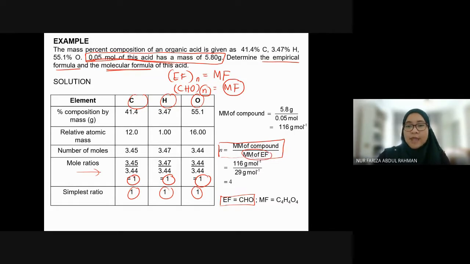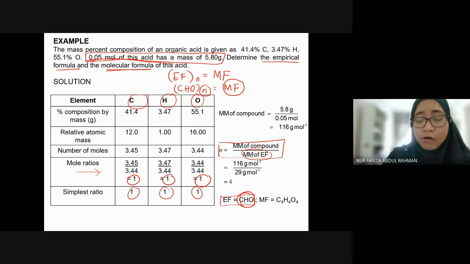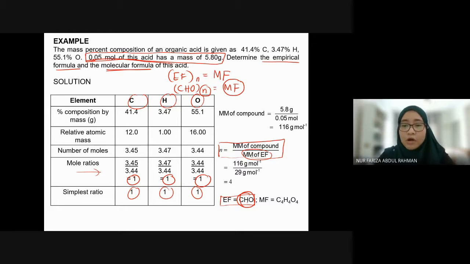The molar mass of the empirical formula is not a problem because we have the formula already. We can just simply total up all the molar masses for carbon, hydrogen, and oxygen. There you go, the molar mass of your empirical formula. Okay, settled. So this one is ready.